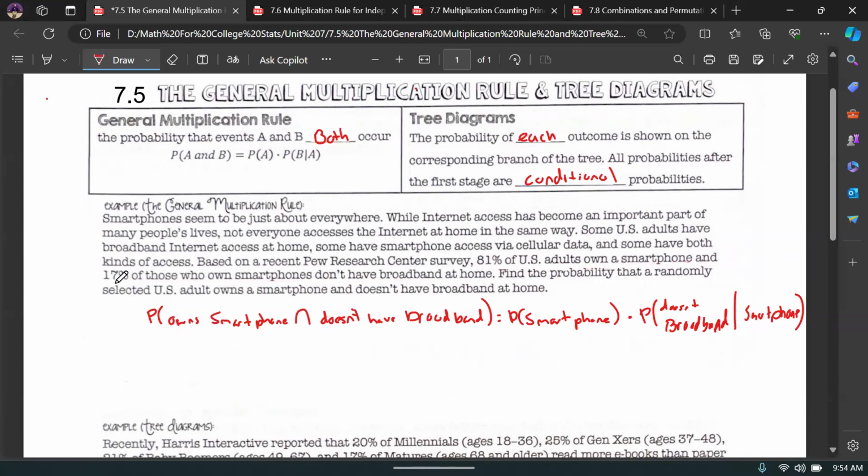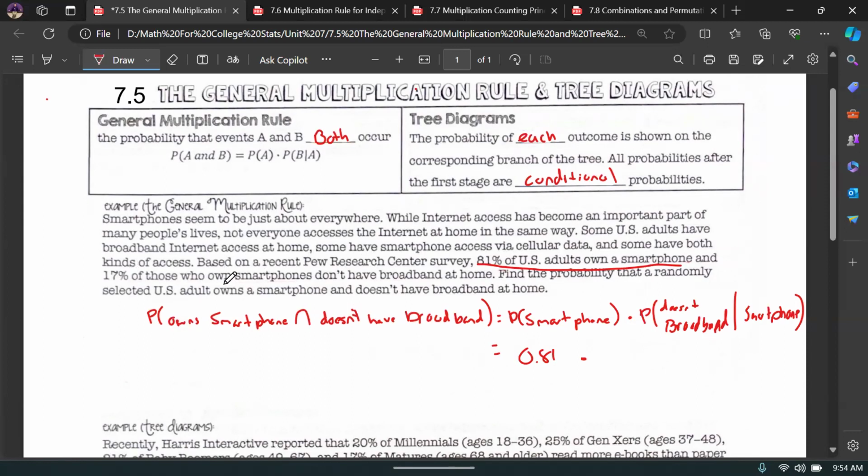So I'm just applying this rule: the probability of both is equal to the probability of A, which is this first one, times the probability of B given A, so doesn't have broadband given they have a smartphone. If we read back in the question, we have that information. Based on a recent Pew Research Center survey, 81% of US adults own a smartphone, so we have 0.81 for the smartphone.